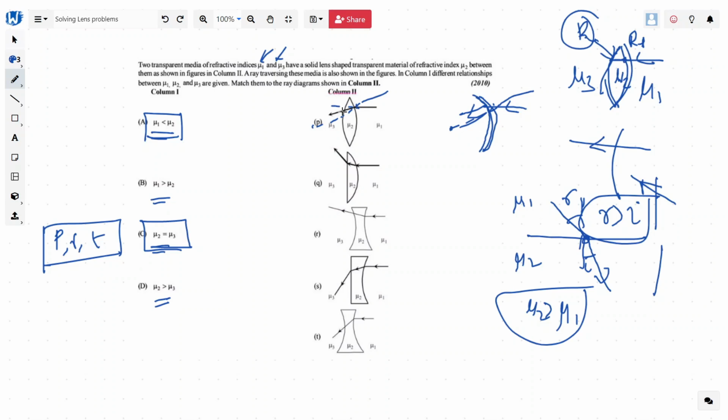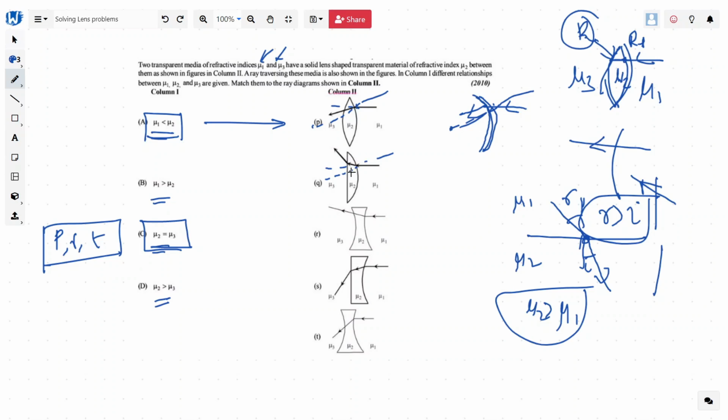So definitely here mu2 is greater than mu1. This is the case. Now look here, a ray of light was coming like this, and here is a normal. It bends away from the normal, just over here.